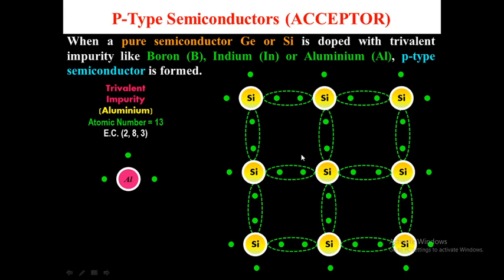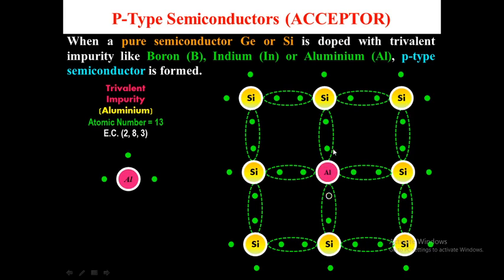Now I am showing the animation. Suppose this silicon atom of the crystal is replaced by the trivalent impurity element aluminium. The valency of silicon is 4, so it has 4 valence electrons, whereas the valency of aluminium is 3, so it has 3 valence electrons. When we replace silicon by aluminium, what will happen?